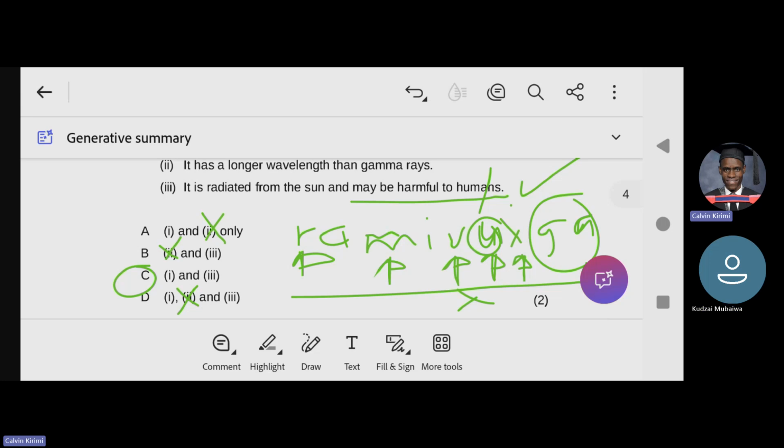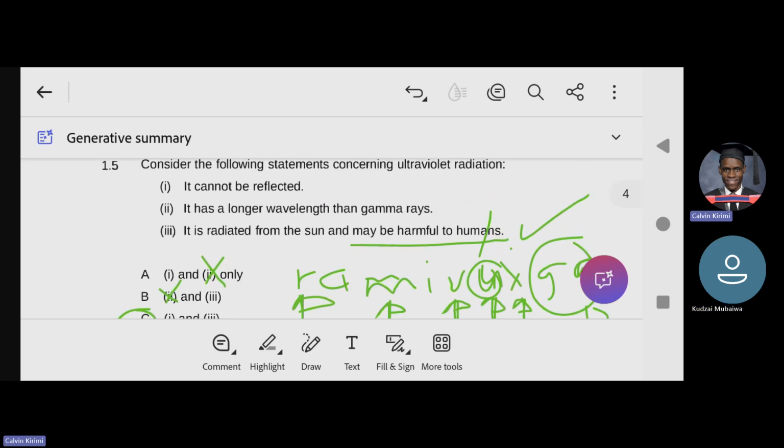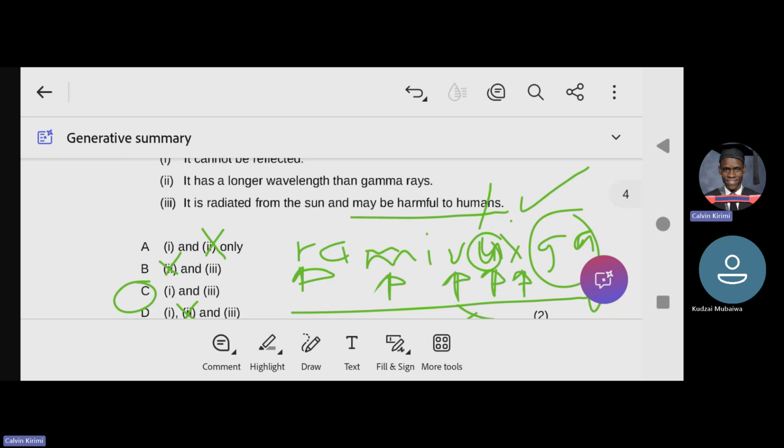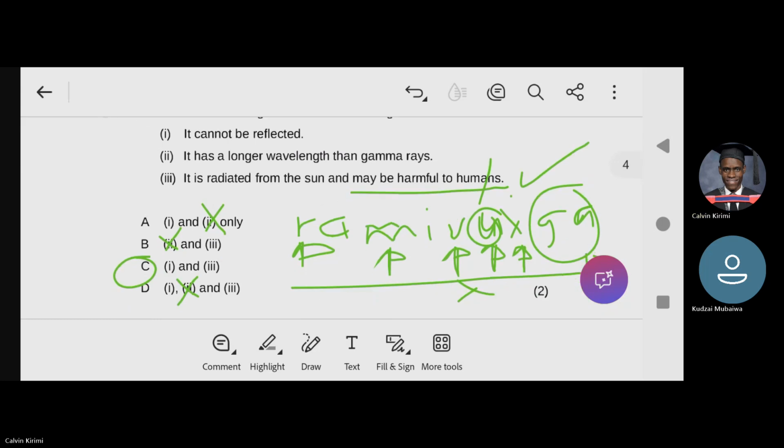You must know that order before you go, so that in the multiple choice they ask this kind of question. Like in this case, if you only knew that X-rays have a greater wavelength than ultraviolet waves, and gamma rays have a greater wavelength than ultraviolet waves, already your answer is out because you know that number 2 is wrong.